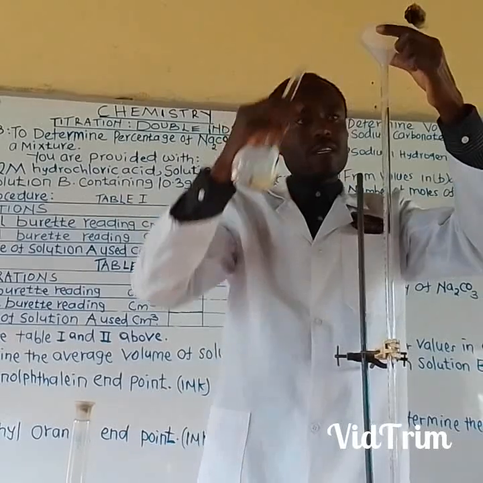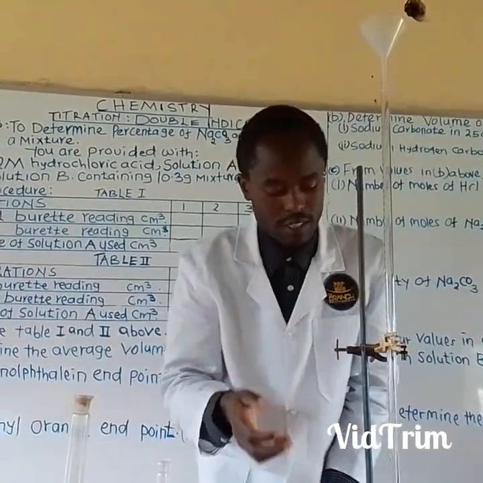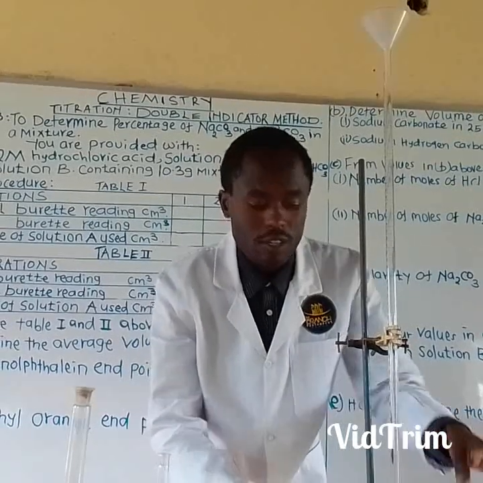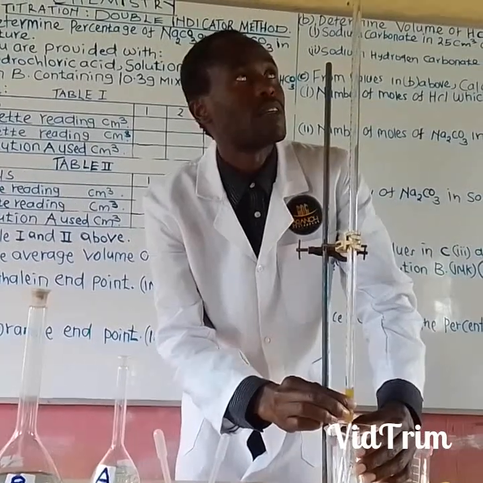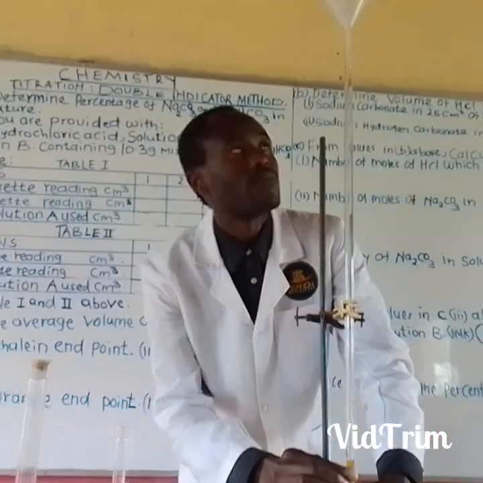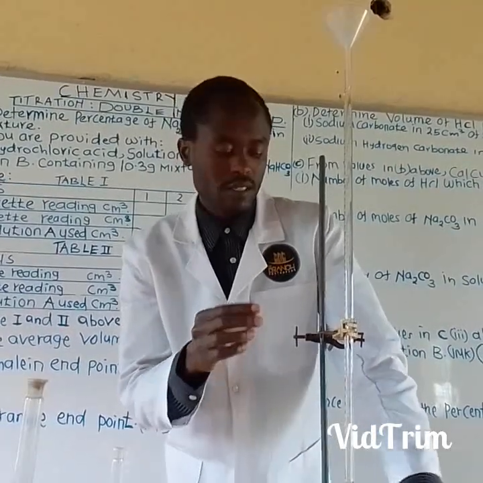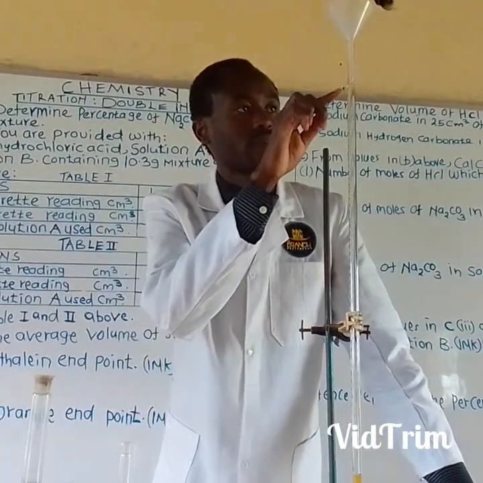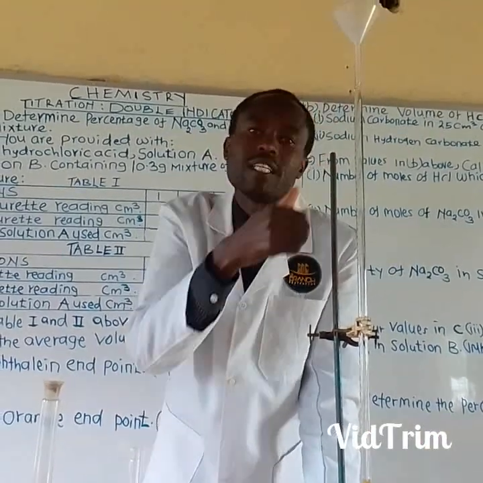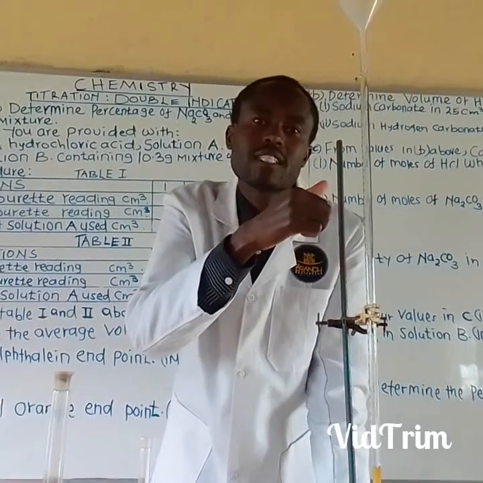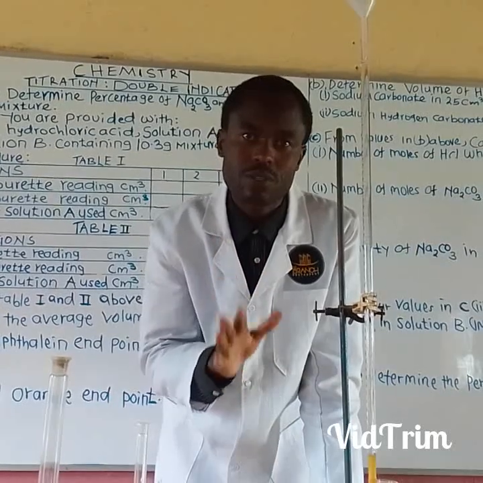Then I have to reduce the excess to 0. Let us see. So it is on the 0 mark, and always, my student, you read below the lower meniscus. You read below the lower meniscus. Is it okay? That was procedure number 1, filling the burette with solution A.